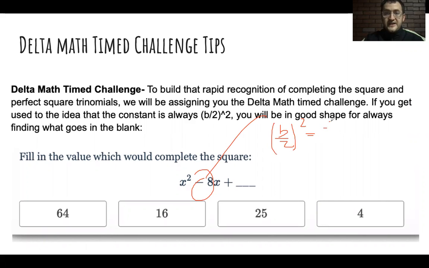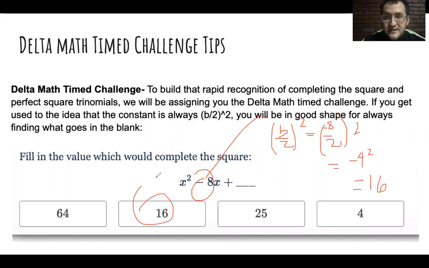This is negative 8 over 2 in parentheses squared. So it's going to be negative 4 squared. That's going to be 16. And like that, we're done. The SAT is actually going to have you do things where you're looking pretty quickly and recognizing what number is going to complete the square.